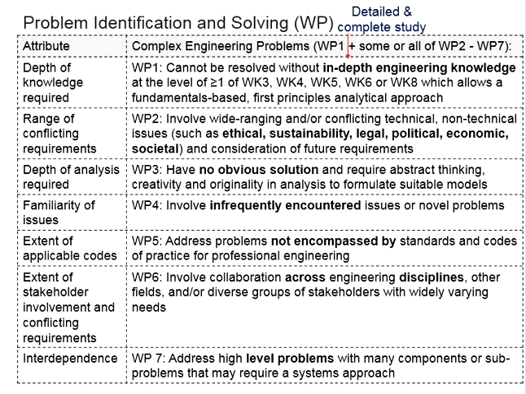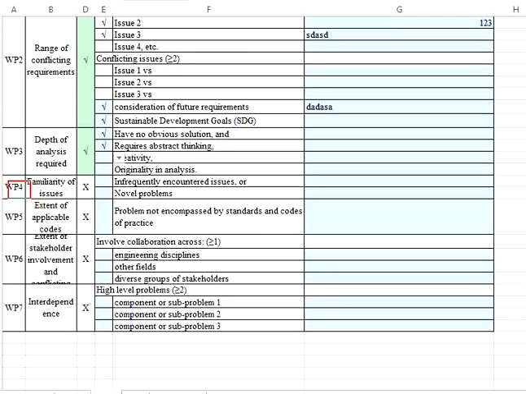That means the problem can be either this or this. It can be an issue that is rarely encountered, or it is a totally new problem. In order to have WP4, you will need only either one of these two, this or this.